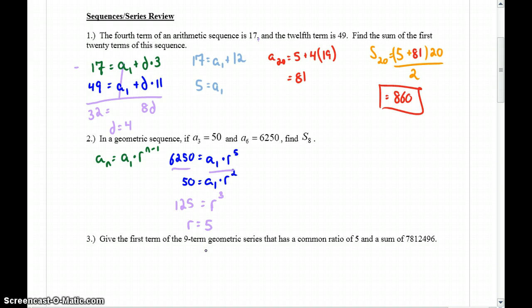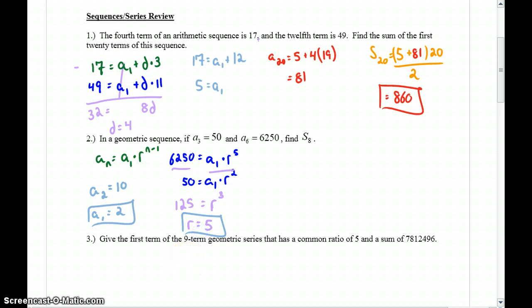Now I can plug this back in to figure out what A1 is, but I can also just say, well, if A3 is 50, then I can divide by 5 to get that A2 equals 10, and I can divide that by 5 to get that A1 equals 2. So you have the first term is 2, the common ratio is 5.